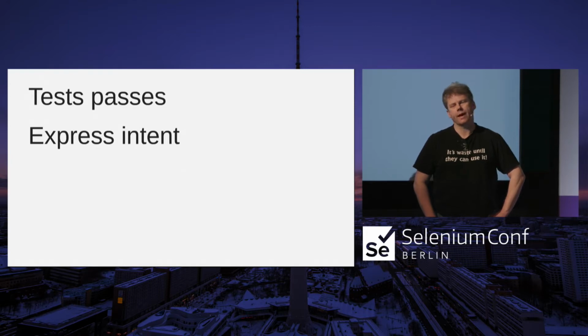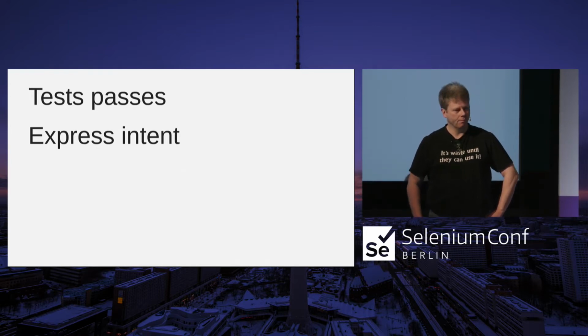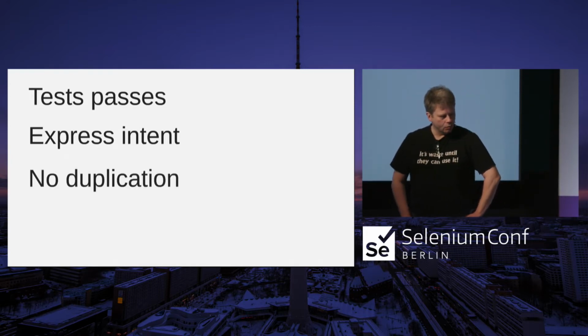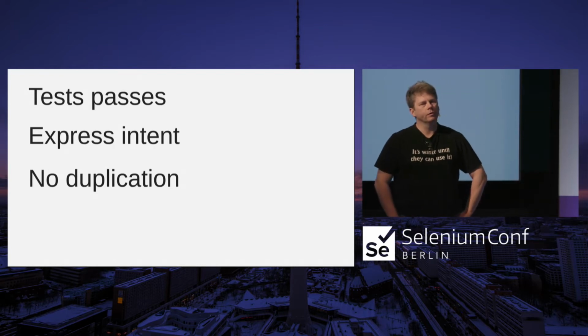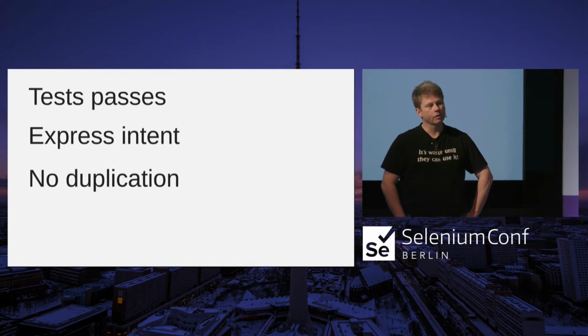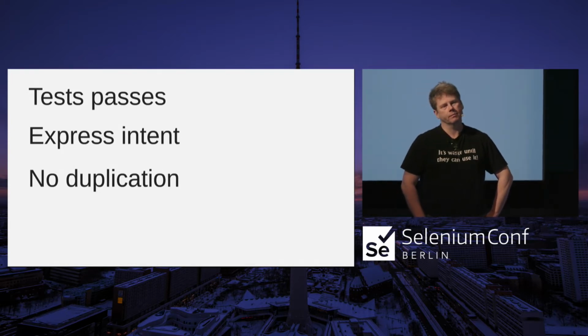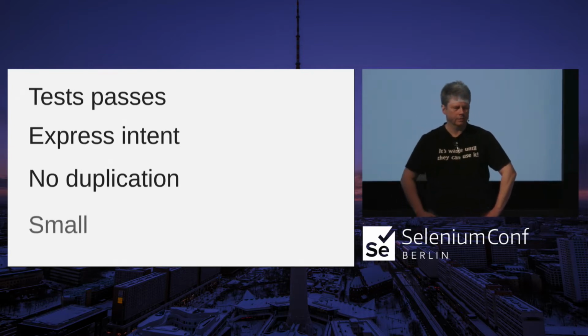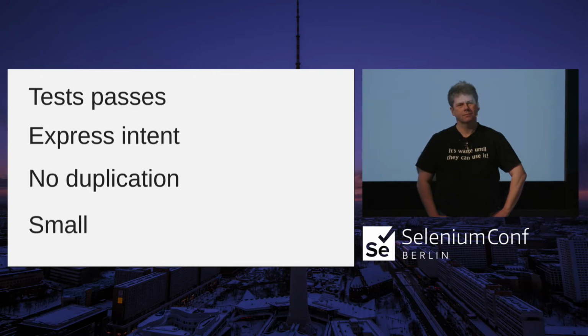It should be easy to understand. We should also avoid duplication for different reasons. One of them is that we have to update it in many places at the same time. That's cumbersome. So we should avoid that. And the final rule is small. What is small? I don't know.